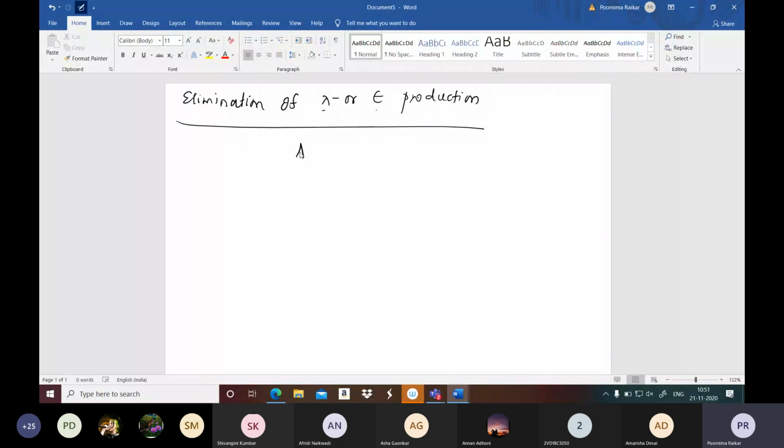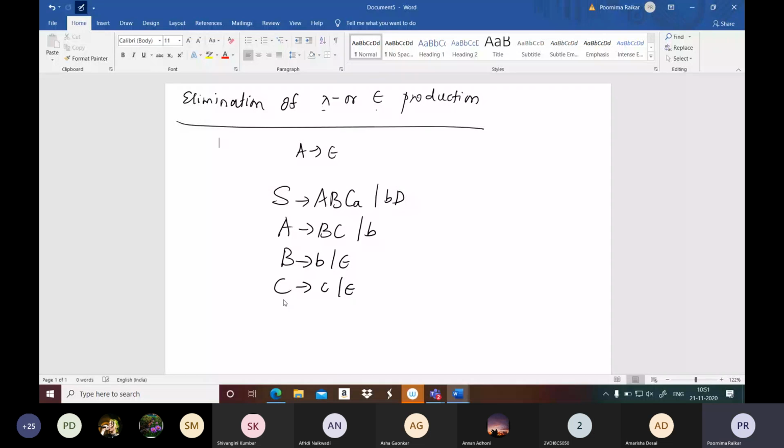Given all these productions which are of this form, that is, given a rule, for example, I have taken one example, which is your lambda production or epsilon production, or we say nullable production. So what is the first step to eliminate epsilon production?